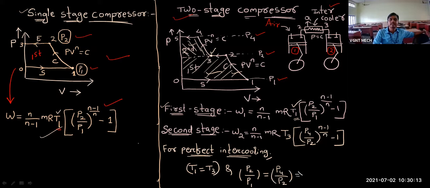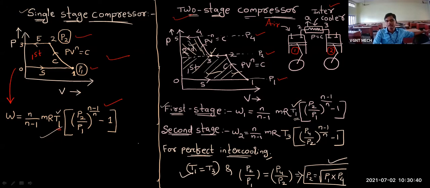That implies, if you do the cross multiplication, P2 into P2, we get P2 square equal to P1 into P4. So from this equation, P2 will be the square root of P1 into P4. Okay. So these two conditions we get for perfect intercooling.